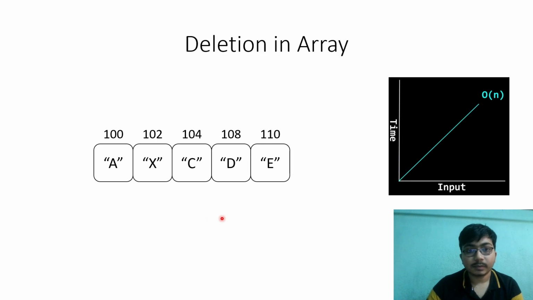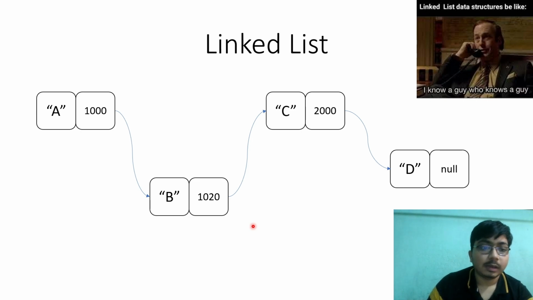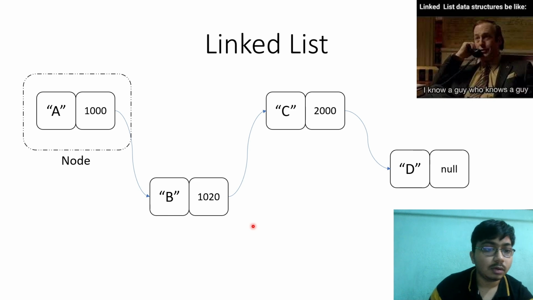Okay. So this is the structure of linked list. Linked list is a data structure where each individual node has the value of this element and the location of the next element.